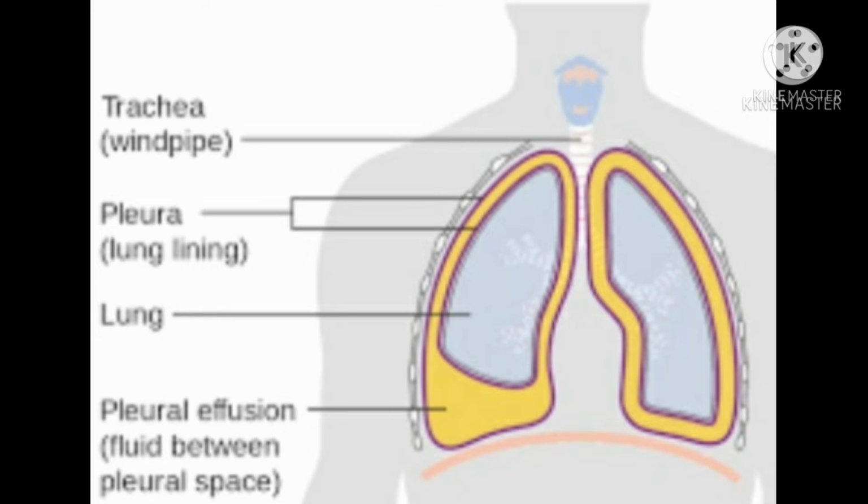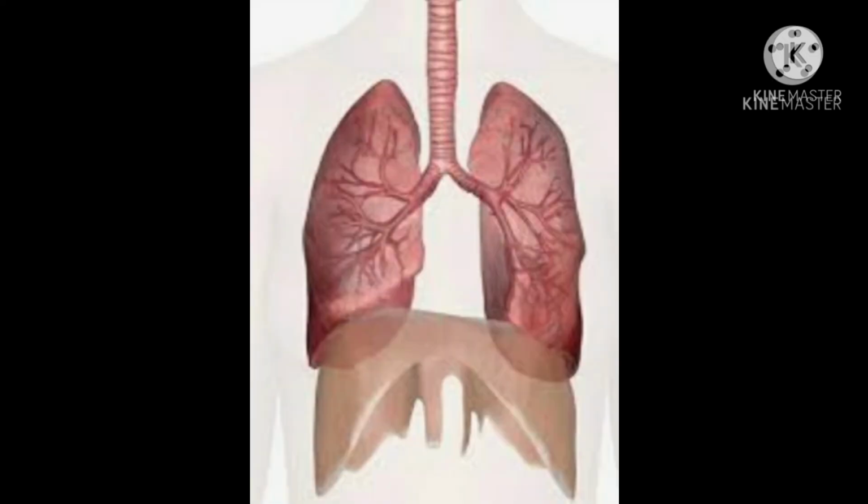The pleura secretes a lubricating fluid which protects the lungs from friction due to expansion and contraction of the lungs during breathing.